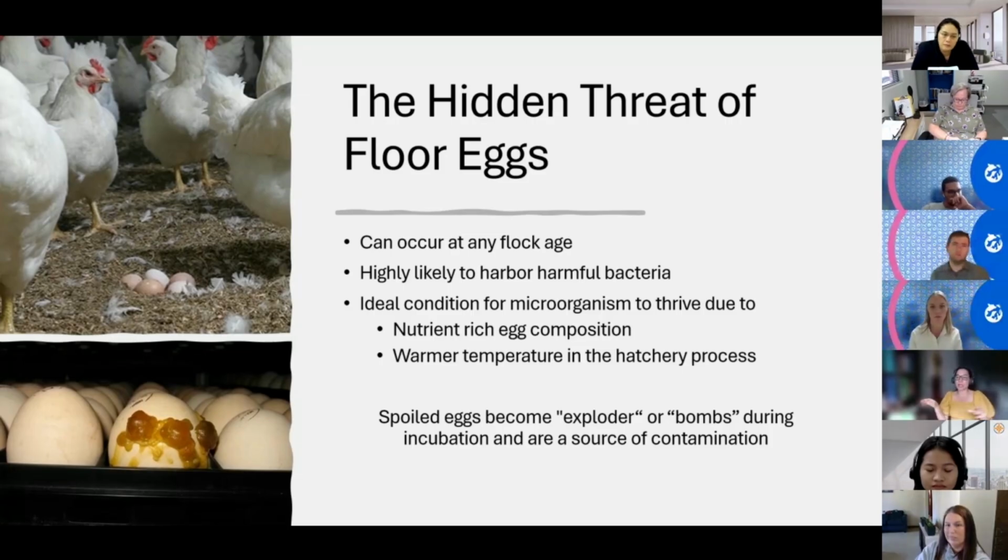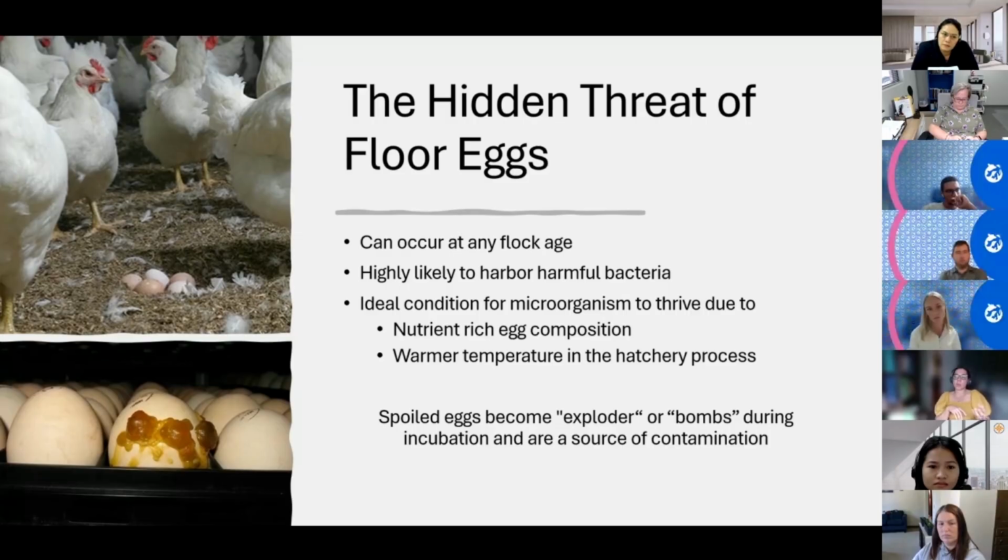It harbors a lot of bacteria. That is the decision of the hatchery. If you really have a shortage of fertile eggs, sometimes they will set this kind of floor egg, but it is highly likely that your contamination and your exploder numbers are going to be up.